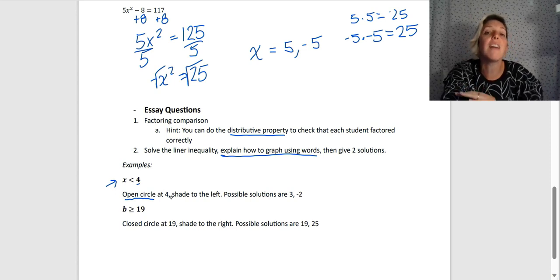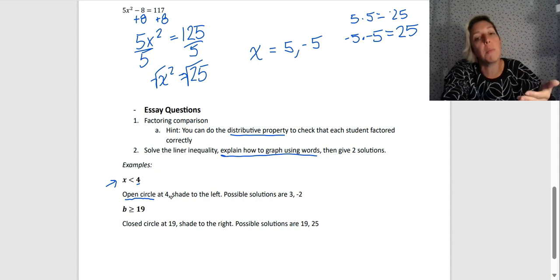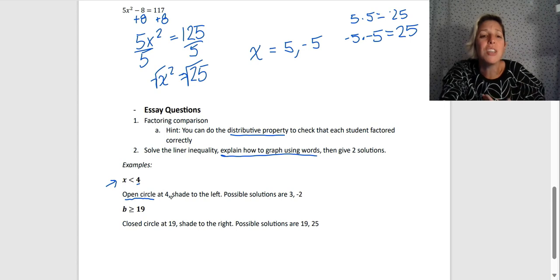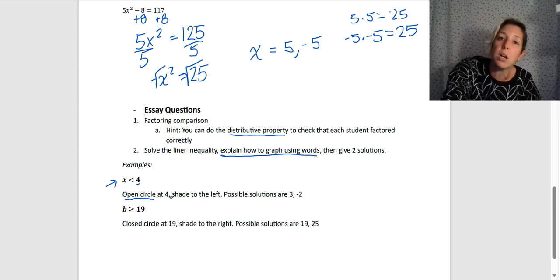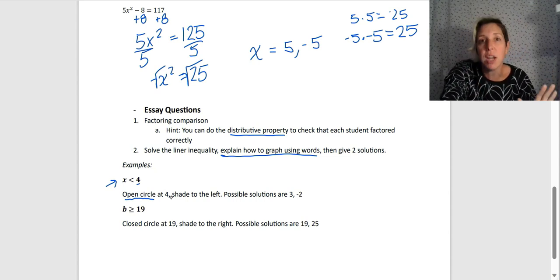You're shading to the left because it's less than. All right, so that would be the middle part of explaining how to graph using words. And then possible solutions, you would just give me 2 answers that are less than 4. So one is 3, one is -2. There's tons of different answers you can give me. As long as they fit for x, it'll work.